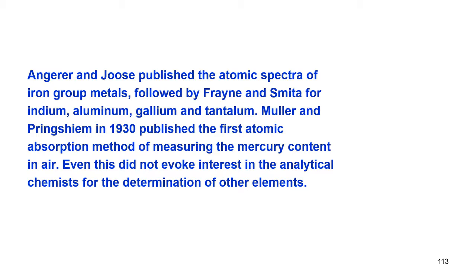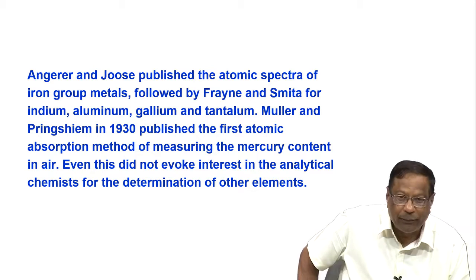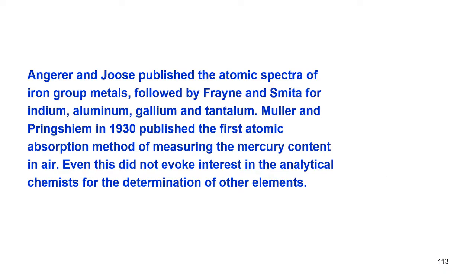Even this did not evoke interest in analytical chemists for the determination of other elements, because a simple common laboratory instrument was not available for the determination of all metals.